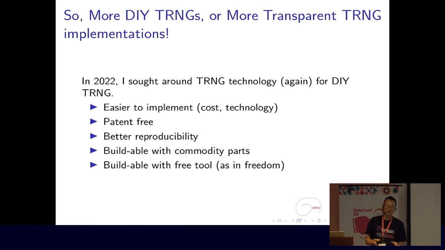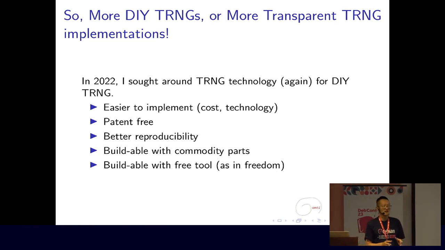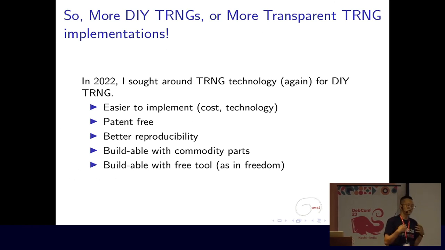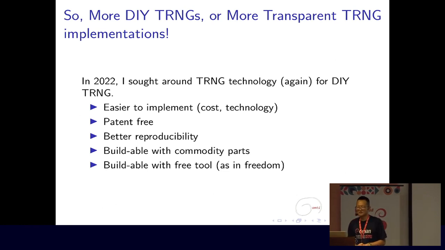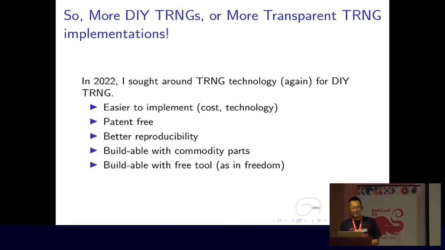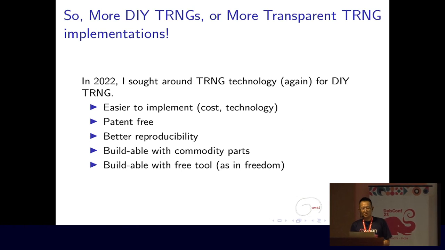Not only a single instance in a laboratory, but everyone can reproduce that module. And it should be buildable with commodity parts. Something like you can buy from Mouser or DigiKey, or it should be buildable with free tool, as in freedom.